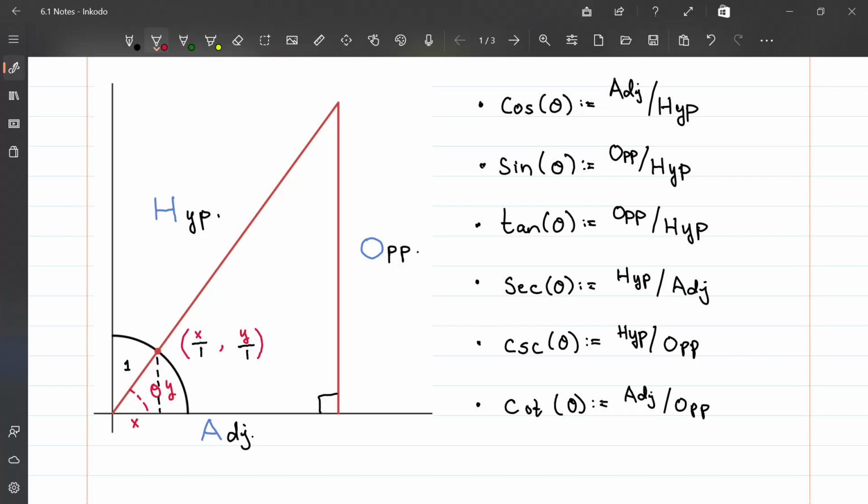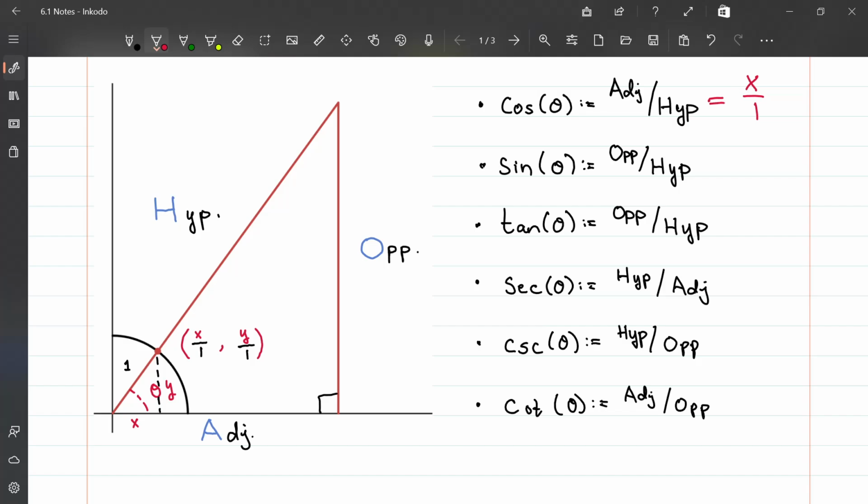If I take the side lengths that go along with the adjacent side of my small triangle here, that would be the horizontal distance in the unit circle, divided by the distance along the hypotenuse made by the radius of our circle, and I compare it to the horizontal distance in my larger triangle compared to the hypotenuse of my large triangle, like I'm doing for cosine here, these two amounts must be equal to one another.